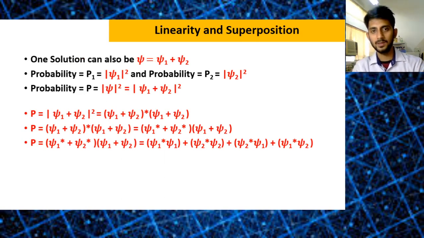So psi is also a solution which is the sum of these two wave functions. The probability P1 is psi1 squared and probability P2 is psi2 squared.